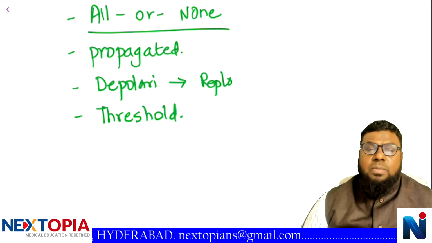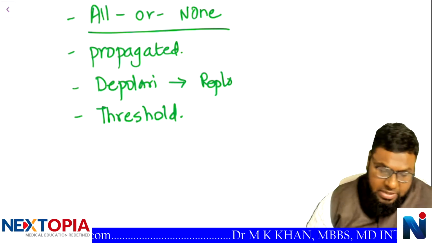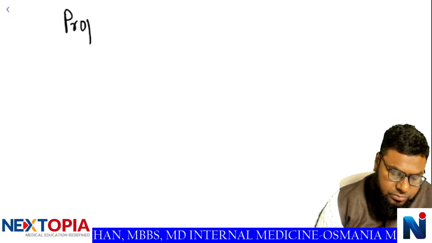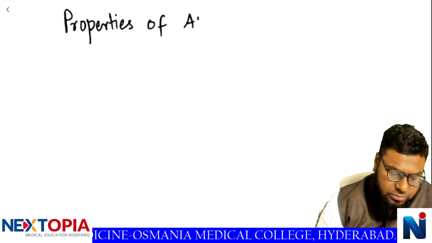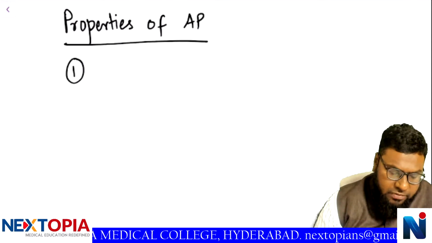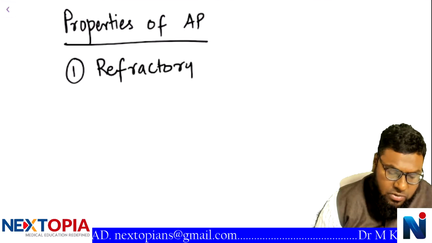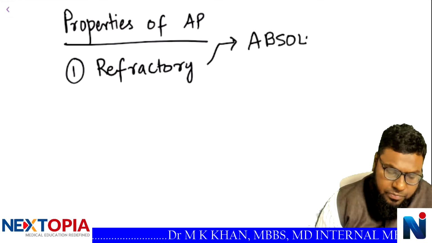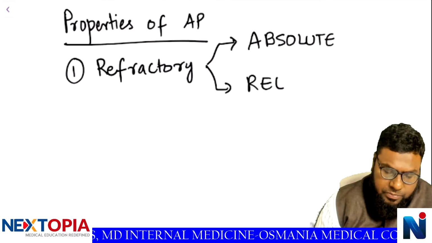The first important property of the action potential is to understand the refractory period. The refractory period is of two types. We have the absolute refractory period and the relative refractory period.